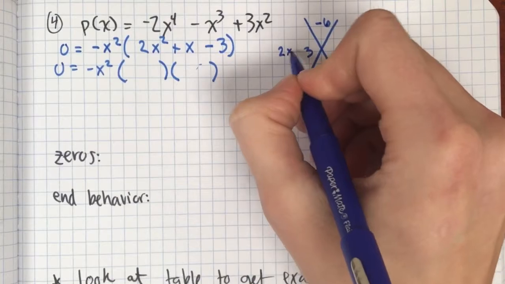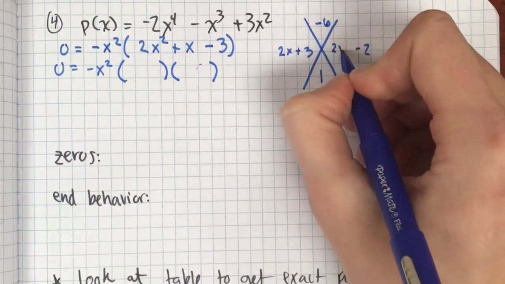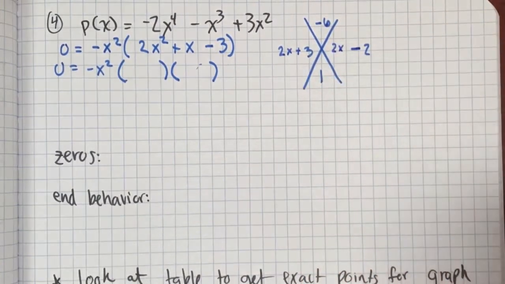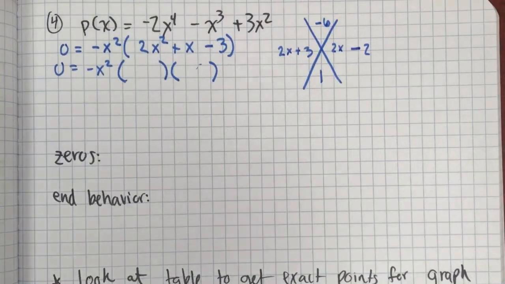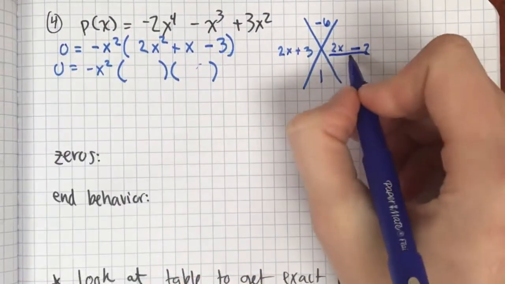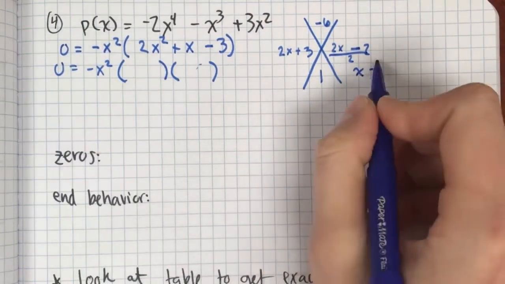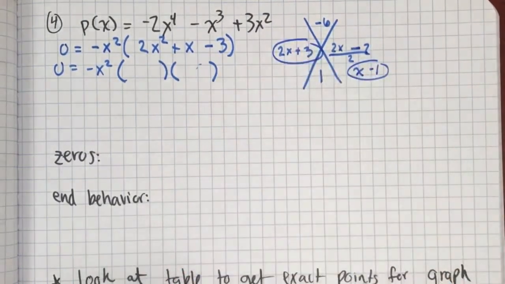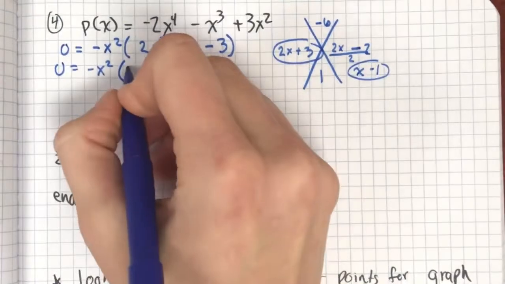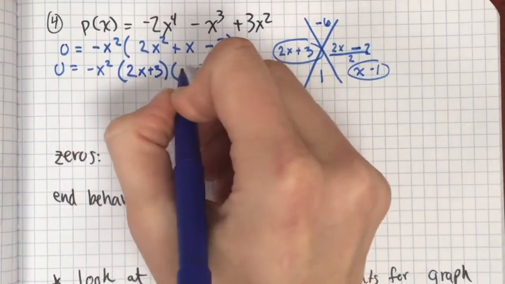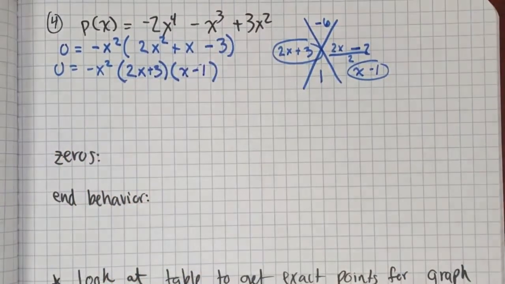So I'm going to have 2x plus 3 and 2x minus 2. This can reduce. I can divide by 2, and so I get x minus 1. My 2x plus 3, I can't do anything with that. So I've got 2x plus 3 and x minus 1.